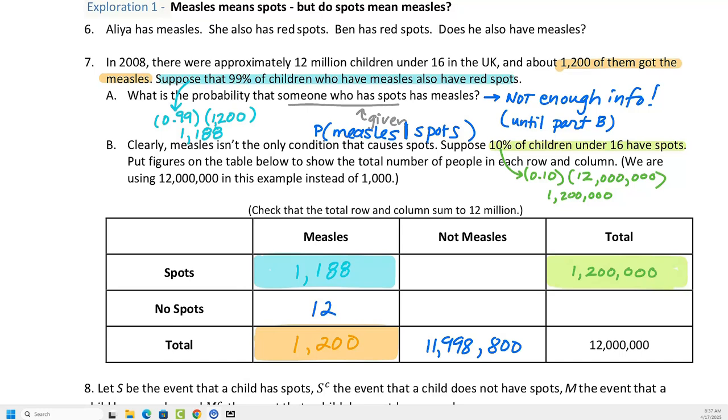So like I can figure out this cell right here because I know that the 1,200,000 plus something has to equal 12,000,000. So from the 12 million minus that 1,200,000 is 10,800,000.